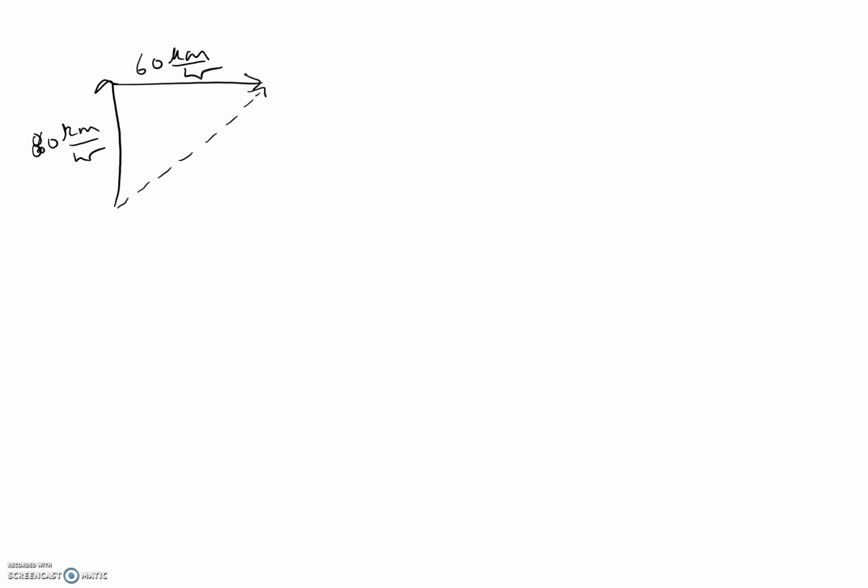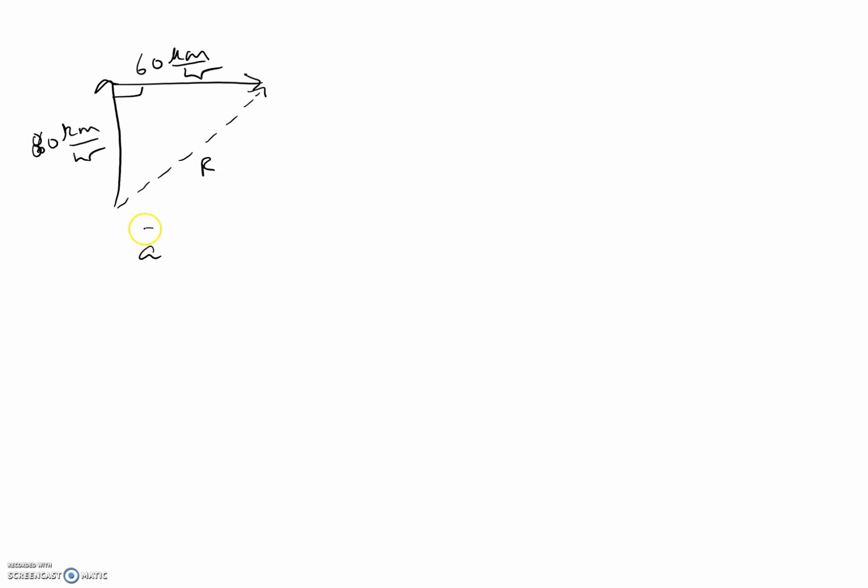And since the plane is going north and the wind is coming from the west and going towards the east, it actually forms a right triangle. If we want to find our resultant vector, we should look and see that this is really just a right triangle, and we're going to apply our Pythagorean theorem.